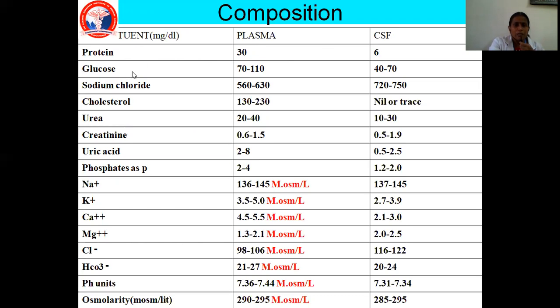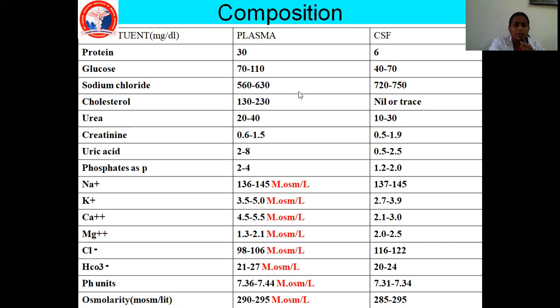Next one is the glucose. It is 70 to 110 milligram per deciliter in plasma and 40 to 70 milligram per deciliter in the CSF. So glucose and protein levels are very low when compared to plasma.